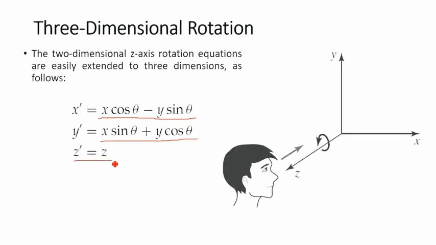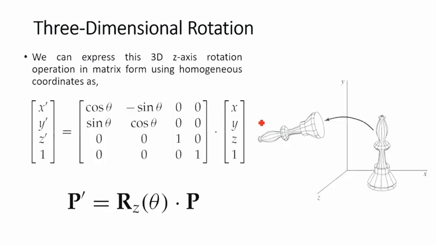Now if I have to represent this as a matrix, then this is the matrix that I would use. Since I am rotating around z-axis, I want z values to be the same. So I am setting my z-axis to identity. That is, the third row and third column are set to 0 apart from the diagonal element.